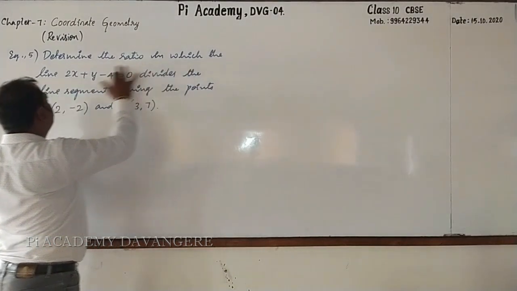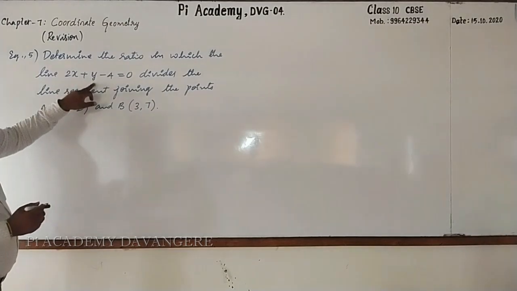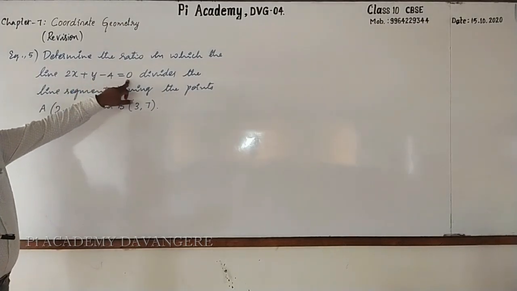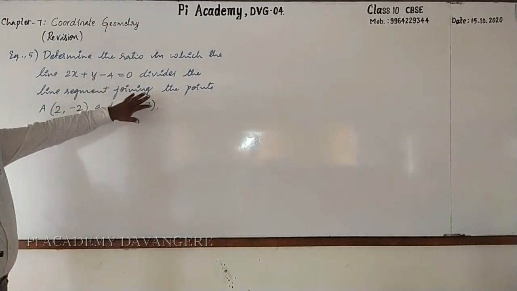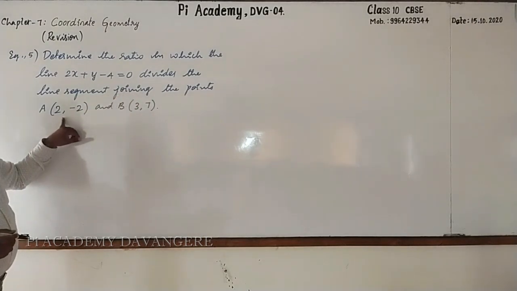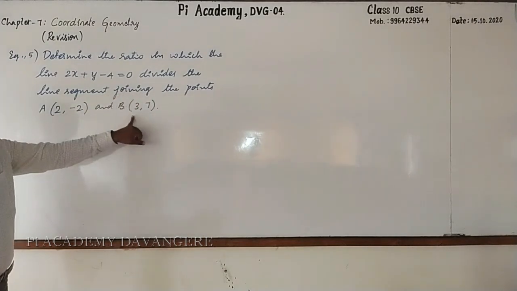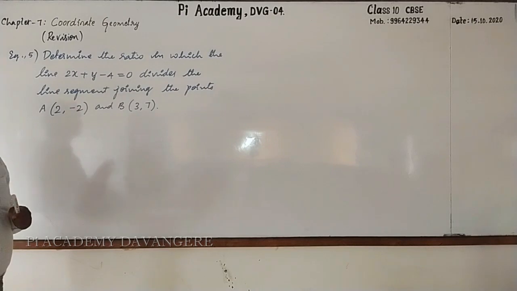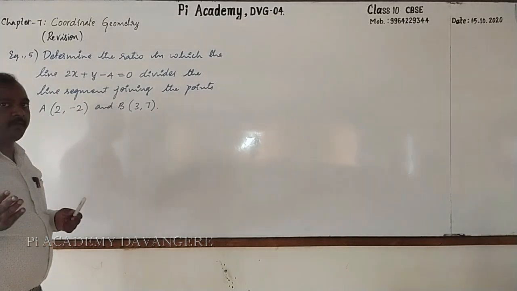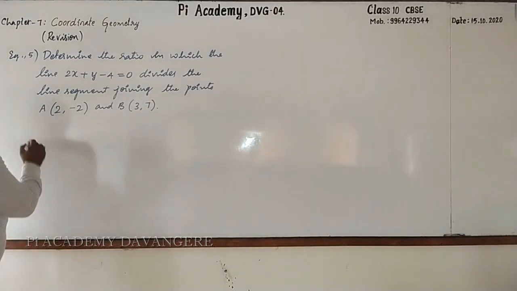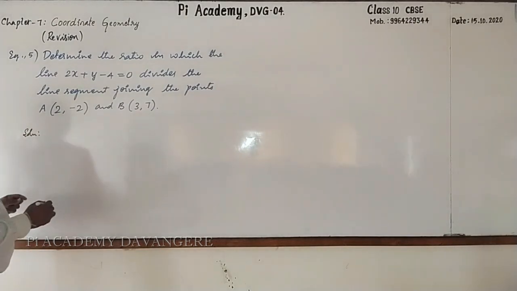Determine the ratio in which the line 2x + y - 4 = 0 divides the line segment joining the points A(2, -2) and B(3, 7). Is it not simple? Hope that you have copied and go on writing with me.